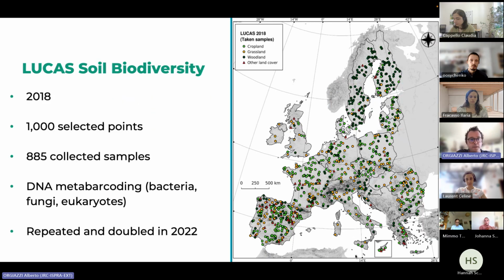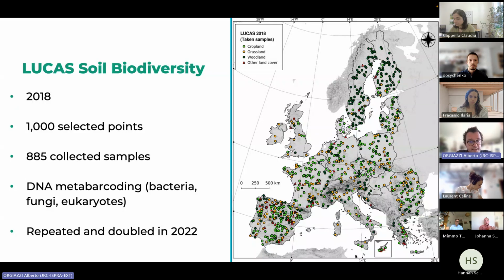And as I said, we decided to use a molecular biology approach, so DNA. The idea was to collect soil samples for soil biodiversity analysis, but of course it was not possible in all the points that I showed before, because the analysis and the collection of samples for soil biodiversity is complex.